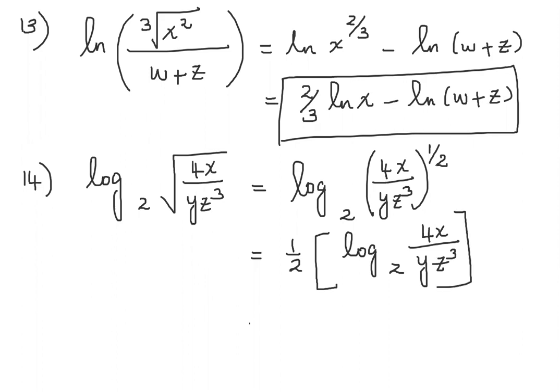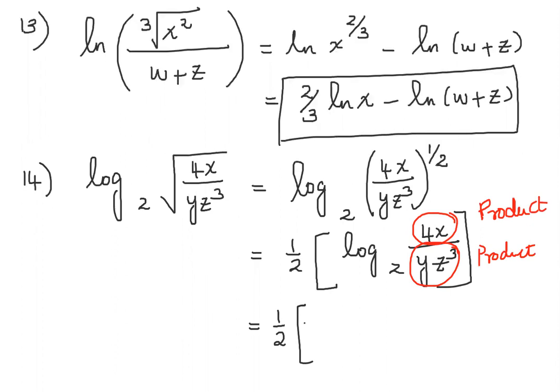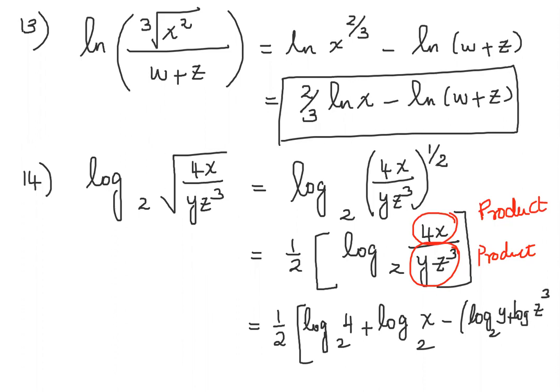Okay, now we are going to expand that. So first we have to apply the product rule here and the product rule here as well. And then we apply the quotient rule as well. So it's going to be 1/2 of log 4 to the base 2 plus log x to the base 2 minus of log y to the base 2 plus log z to the third with base 2 and complete the bracket.